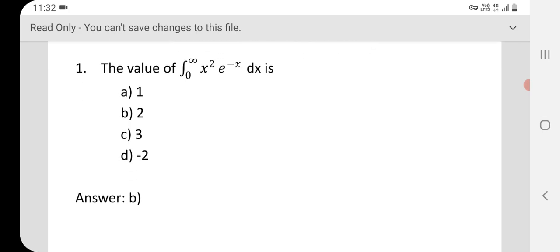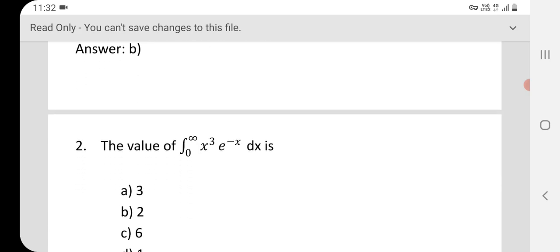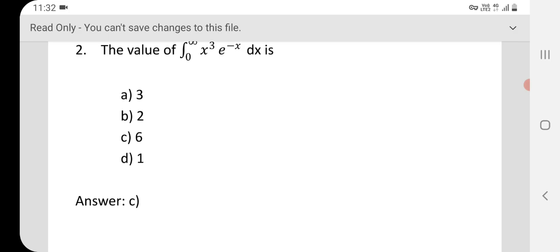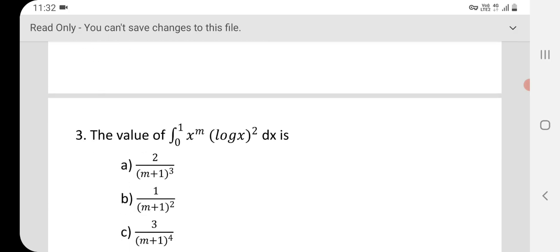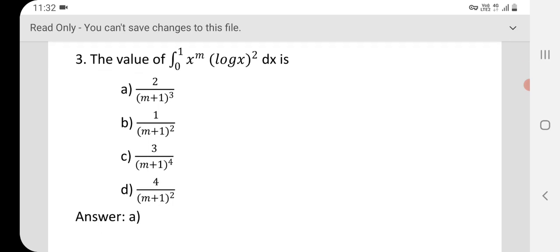So the answer of this integration is option B. Next, similarly, the value of 0 to infinity x e power minus x is option C. Next, the value of 0 to 1 x power m log of x to the power of 2 with respect to x. The answer is A.